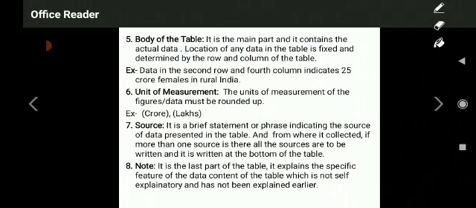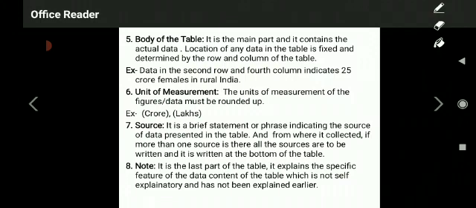Hope you understood. If you collected data from different areas, different places at different times, you have to mention all those places and times in the source, and the source content must always be at the bottom of the table.